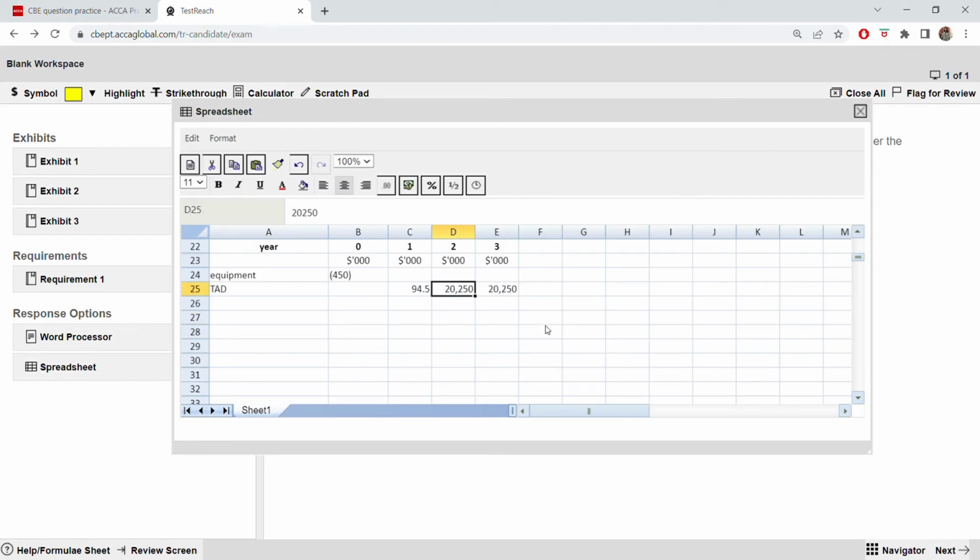It is showing 20,250, whereas this is 94.5. It should show 20.25 for both. So it is the decimal place that you have to worry about. Okay, go here. Okay, you can undo. You see the undo button is here. Go, undo. Okay, redo. Keep it 2250. Go here, both the cells. Go here, and from here you can do it. You see. But the thing is, this is not 2 decimal places. You have to drop down the 3 zeros.